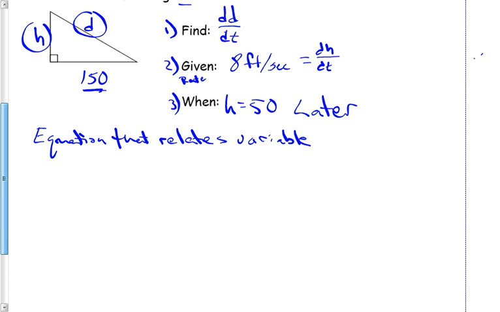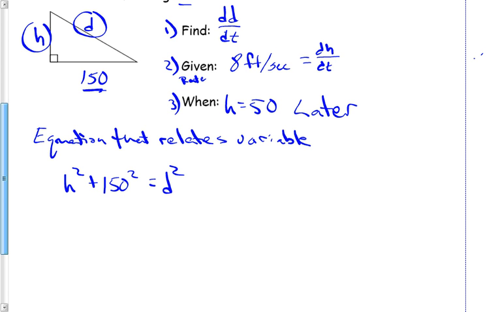We're not worried about dh dt or dD dt at this point. All we care about are h, D, and 150. Tell me something that helps. Whose theorem? Pythagoras. The Pythagorean theorem says that h squared plus 150 squared equals D squared.